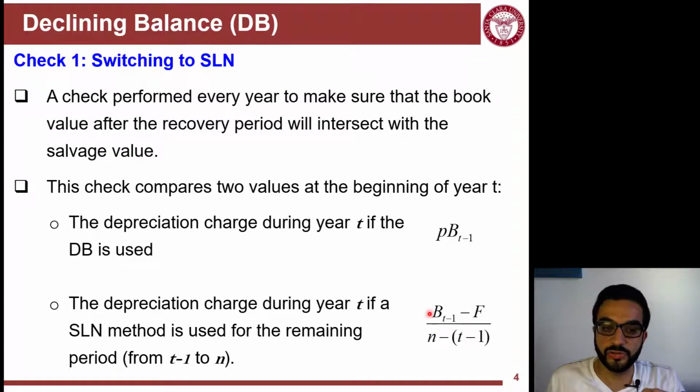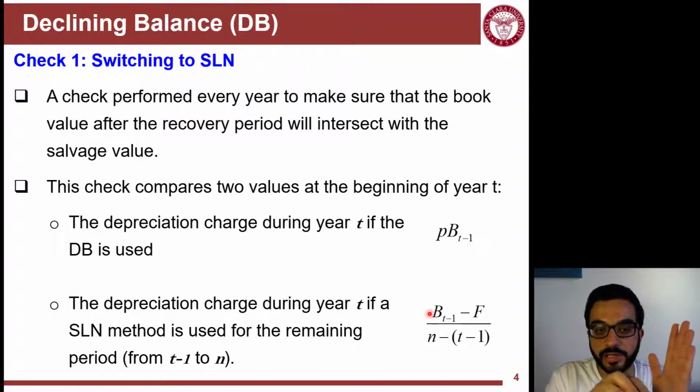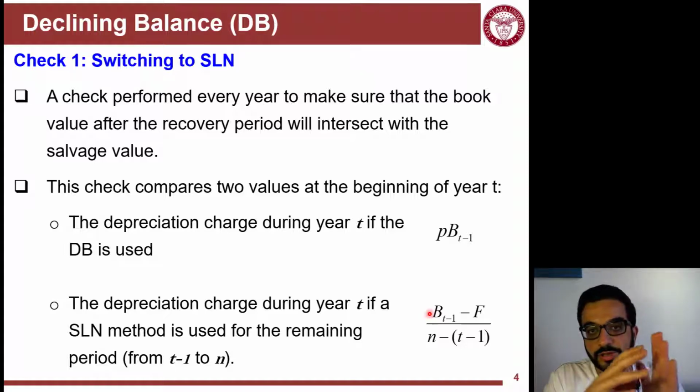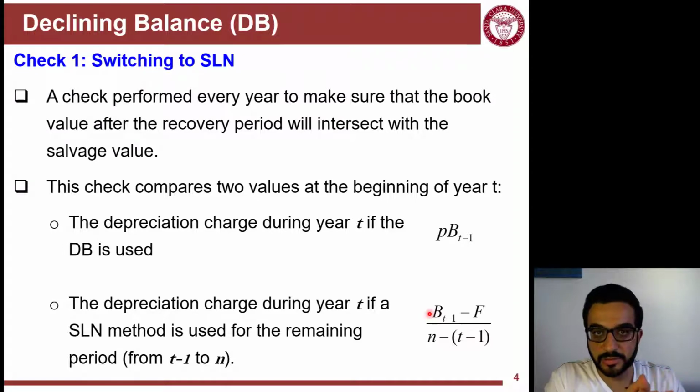If I switch, my initial value of the asset is BT minus 1, the value at the beginning of the current year, and I want to hit F at the end. I will lose the value between BT minus 1 and F over how many years? Over N minus T minus 1. So I still have N minus T minus 1.